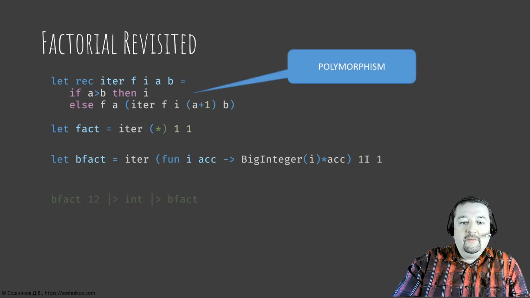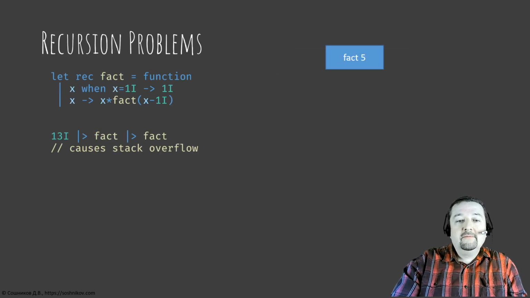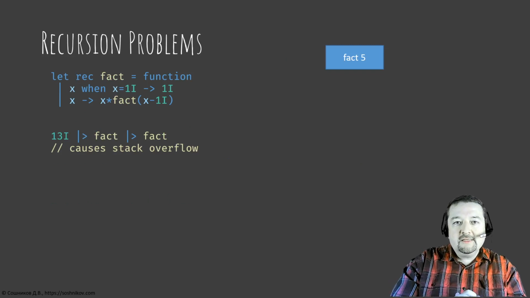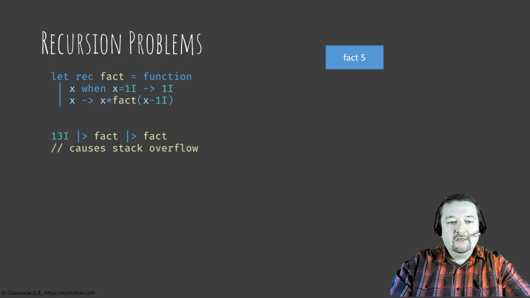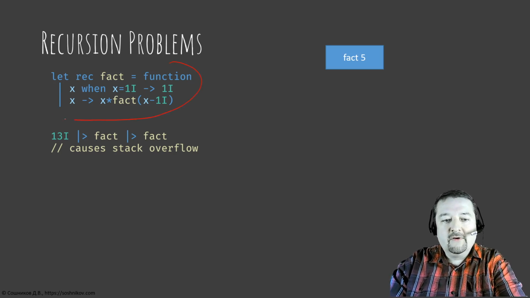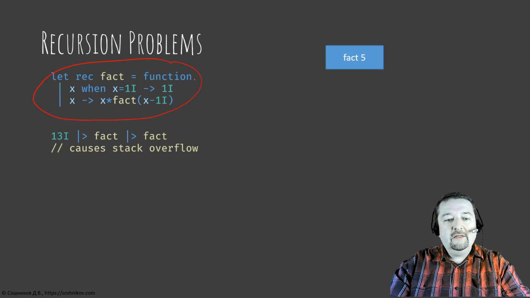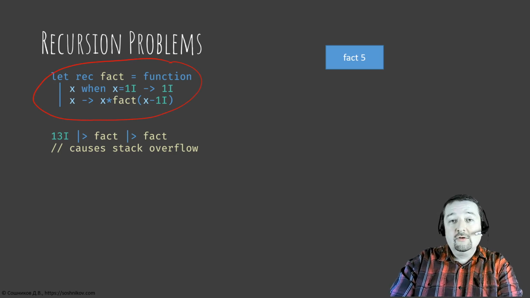So how do we calculate recursive calls? To actually see this, let us come back to the simple definition of factorial, which is this function. If we define the factorial like this, it will cause us the same problems.